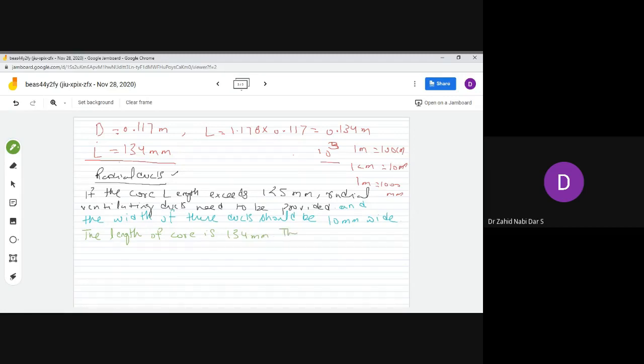So therefore, one radial duct of 10 millimeter width is needed. Okay, so that is there.